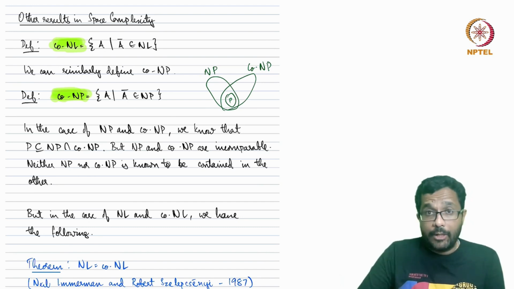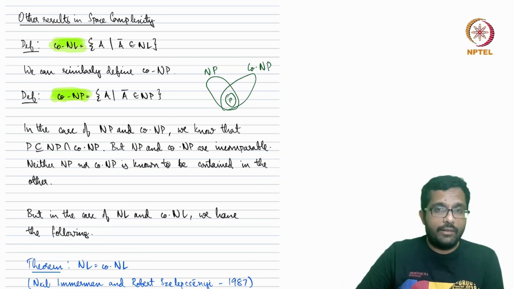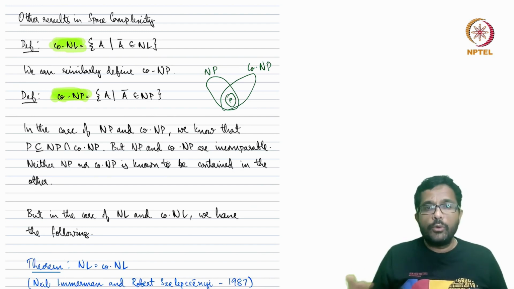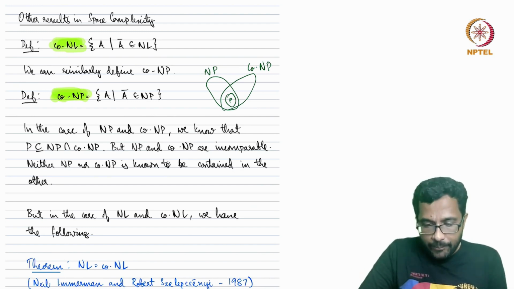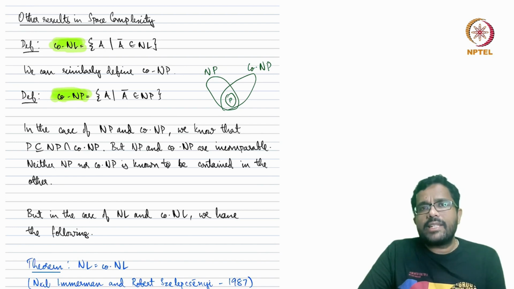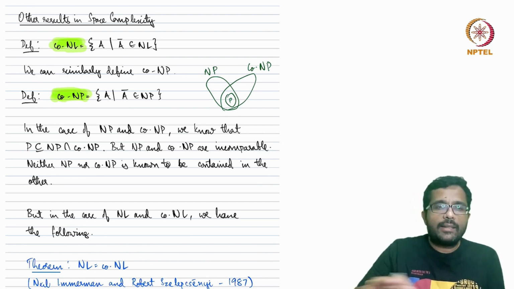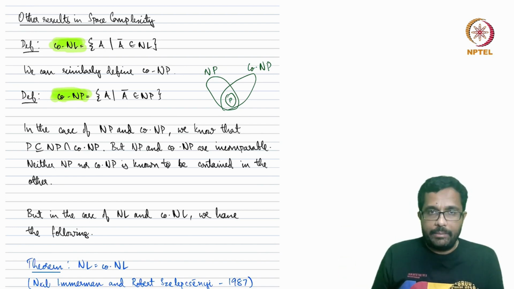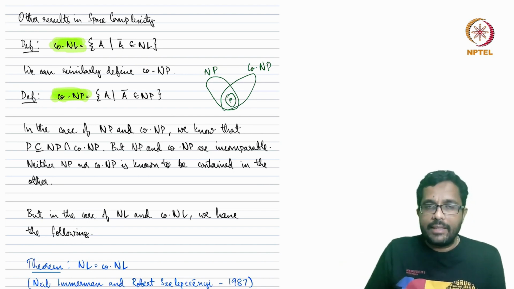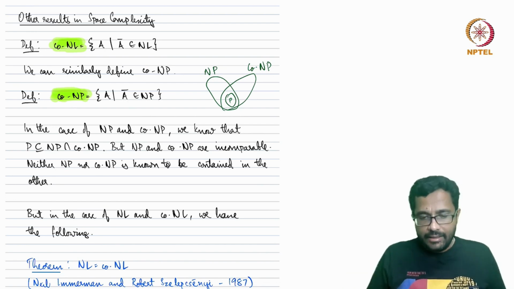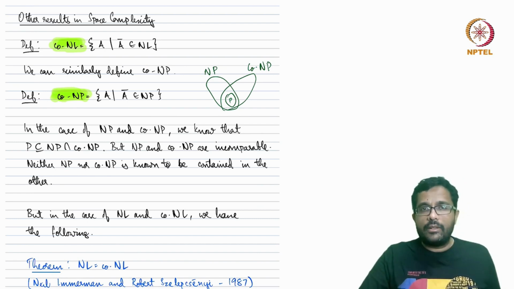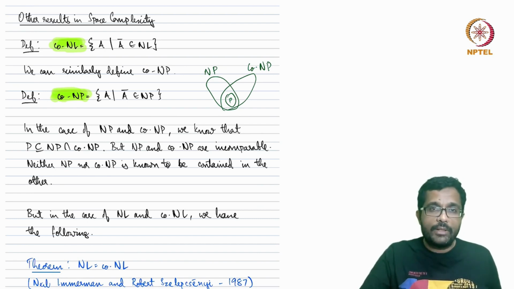Like in the case of time complexity, NP and co-NP are not known to be the same. They may be the same, but it is not known. So in some sense, we can think of NL and co-NL as a parallel to NP and co-NP, because you have a non-deterministic class and the complement class. Again, co-NL is not the complement of NL.